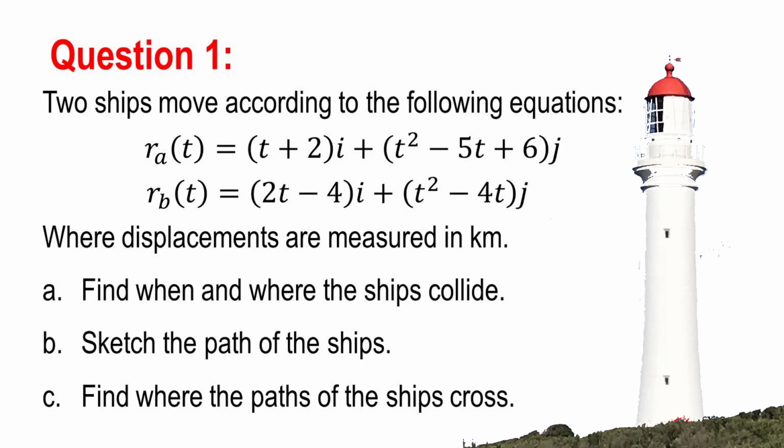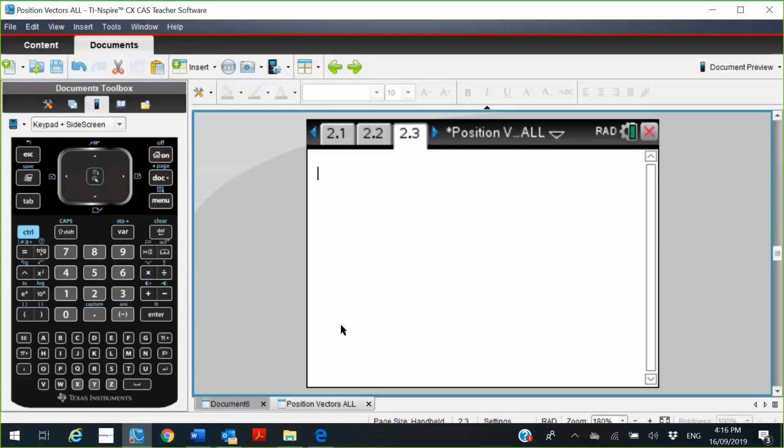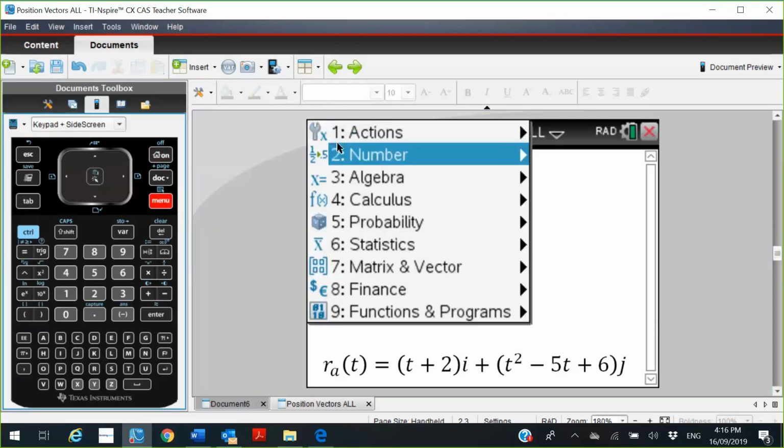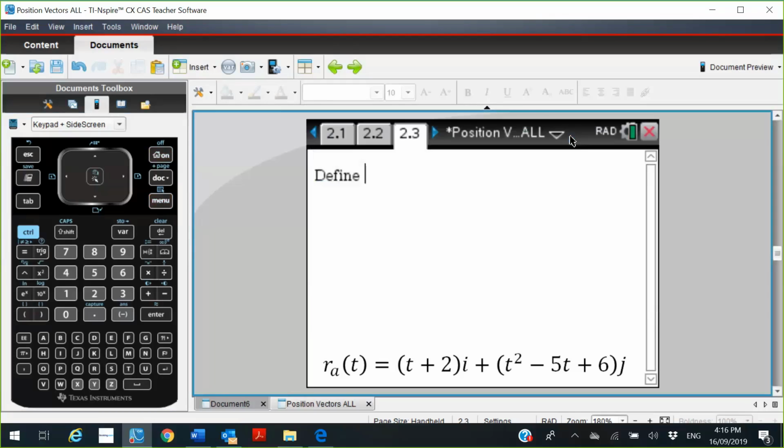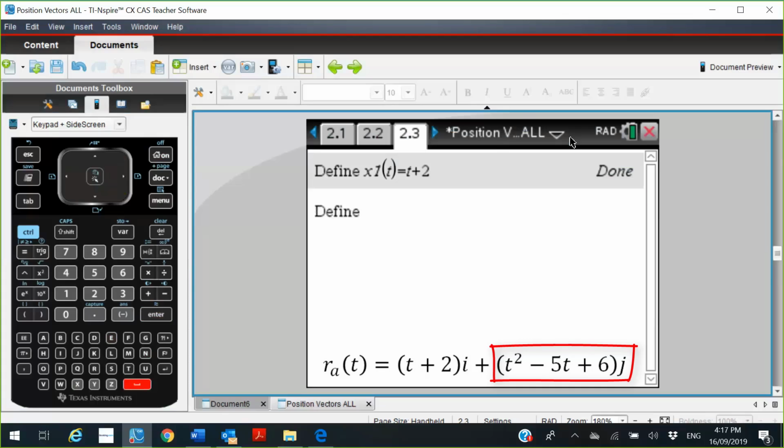Once again, we'll open up a calculator page and we'll define these variables. So menu, actions, define x1 of t equal to t plus 2. Define y1 of t. Often it's easier, you can just type these words in.